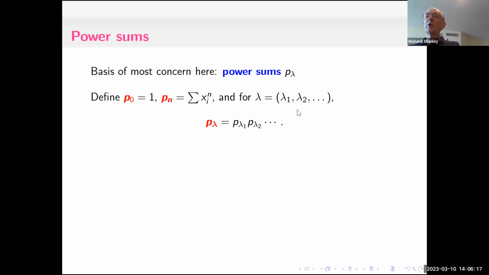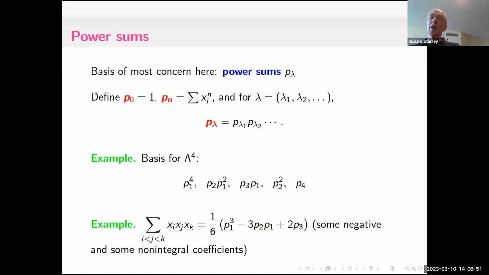For an arbitrary partition lambda, p is a multiplicative basis: p lambda is p lambda 1 times p lambda 2, etc. It's not hard to see that these p lambdas, for lambda a partition of n, form a vector space basis for the homogeneous symmetric functions of degree n. This would be the case n equals 4. There are 5 partitions of 4, so we get these 5 power sum symmetric functions which form a basis.